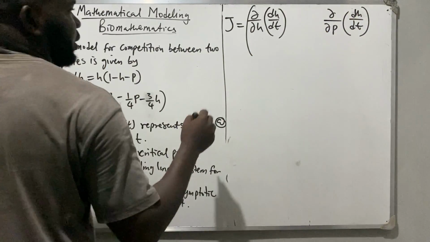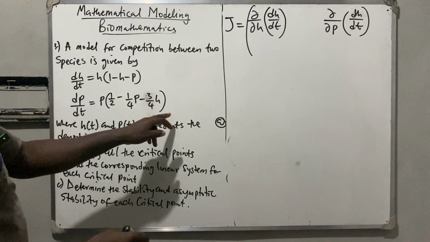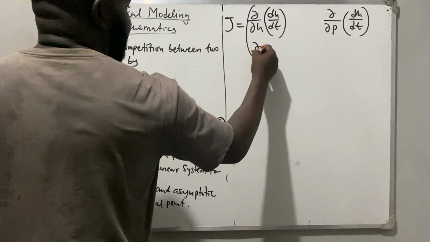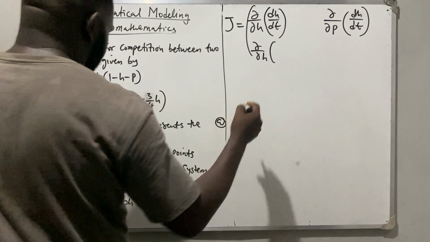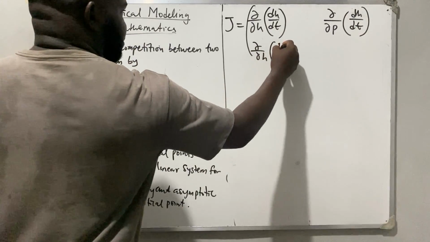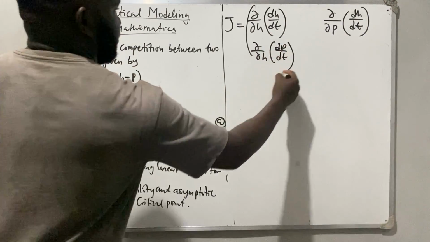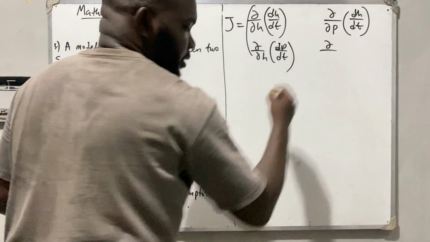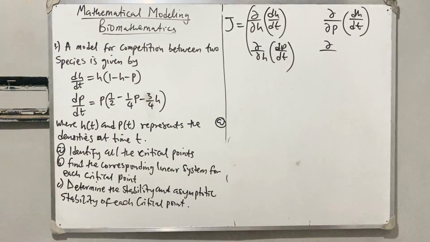So we go to the second line, the same thing again. We are differentiating with respect to h and with respect to p again. So we say partial h of this now, of dp/dt. You come to the other side again. Partial, sorry, 1 minute.